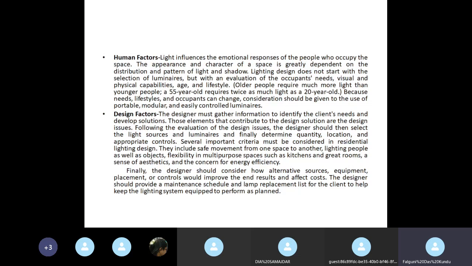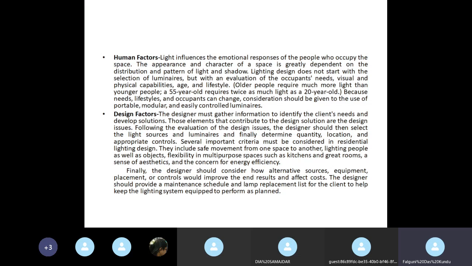Now, also there are some factors like human factors and design factors. Human factors. Light influences the emotional responses of the people who occupy the space. The appearance and character of the space is greatly dependent on the distribution and pattern of the light and shadow. Lighting design does not start with the selection of luminaires, but with an evaluation of the occupant's needs, visual and physical capabilities like age and lifestyles.